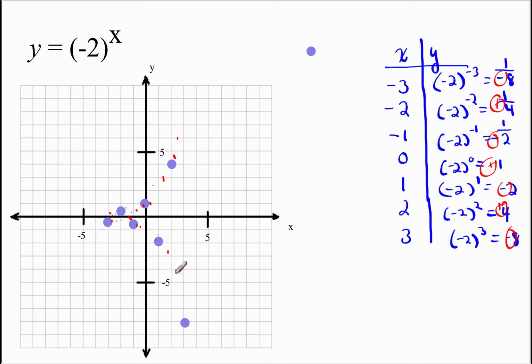So all these points we didn't graph in between, for example, like negative 2.5 and negative 2.4, well, they're going to go odd, even, odd. They're going to go positive, negative also. This is something called divergent, and you'll learn more about that in calculus. And no, it's not the book.